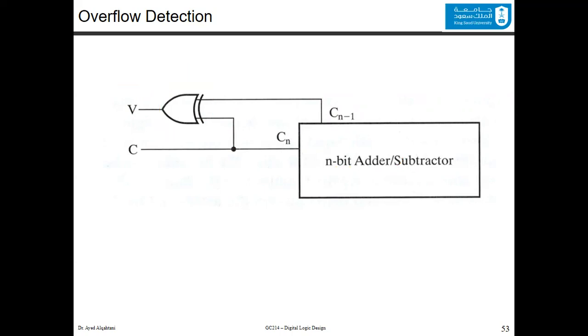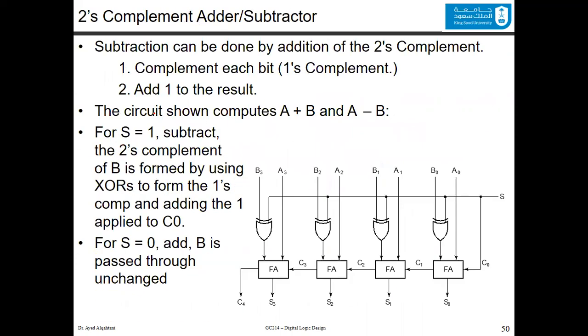To show you where exactly you put this XOR, you can go back to this design, and you will find that this is the carry 3 and this is the carry 4. You take this one and this one and you put them with an XOR gate to find the overflow detection.